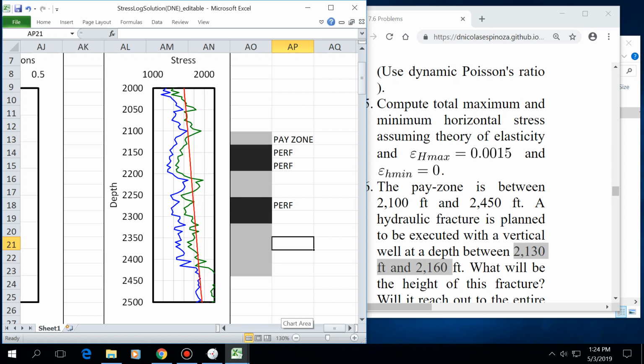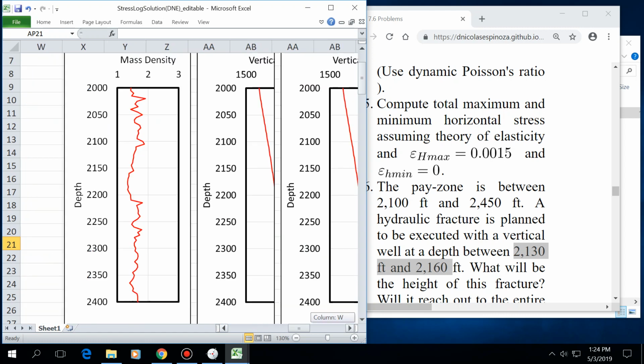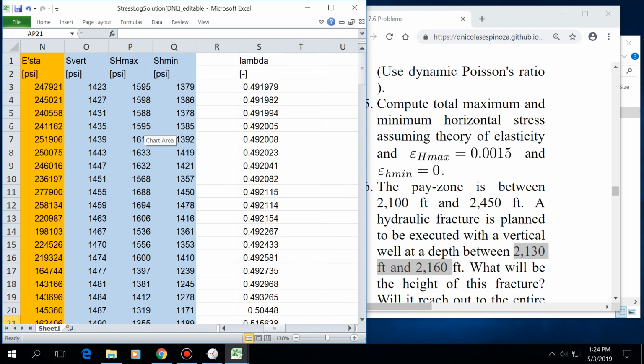In all these cases, except at this small location, it looks like always we have normal faulting, or for example here, what is that stress regime? Strike slip. The hydraulic fracture is going to be still a vertical plane, but let's change something over here.